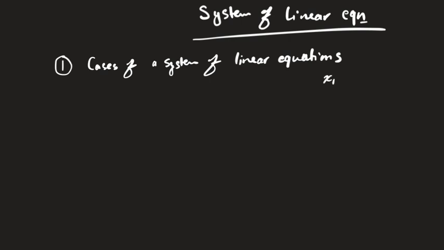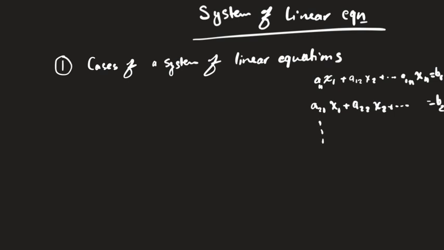So equation number one says a11 x1 plus a12 x2 plus and so on up until a1n xn equals b1, and then a21 x1 plus a22 x2 and so on equals b2, and then you continue until you reach an1 x1 plus an2 x2 and so on equals bn, right?